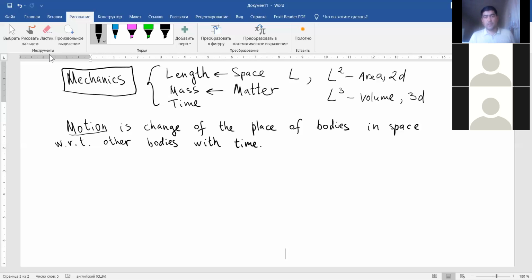In order to measure the motion, we need a measure of space, how the position of the body changes, and we have to measure the time. So time is also part of the space, and in modern physics this is called space-time.